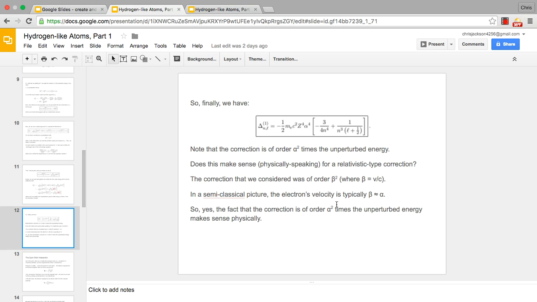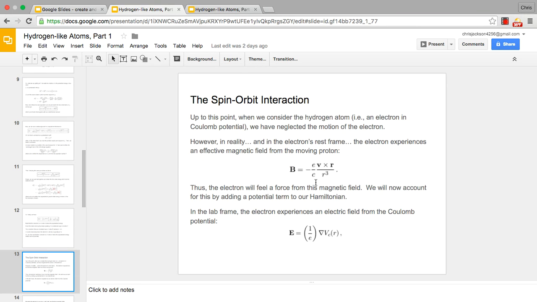All right, and we made sure that this made sense by saying, in the semi-classical or semi-quantum picture, the electron's velocity is typically on the order of alpha, so the beta factor is on the order of alpha, and so it makes sense that since we're considering a beta squared type of correction, this is an order alpha squared correction to the first order energy.